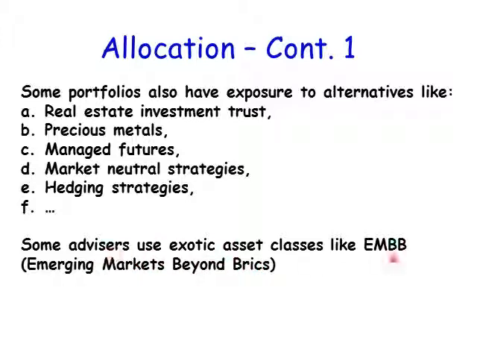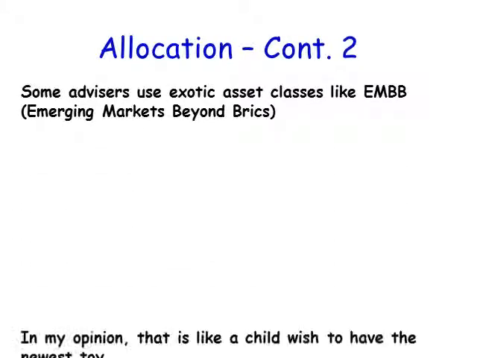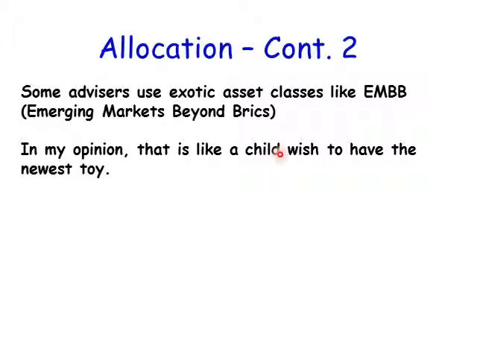This is the newest ETF that shows up, and the advisor wishes to incorporate that. In my opinion, that's like a child wishing to have the latest toy. A newest toy shows up, a newest ETF shows up, and kids want the newest toy, and so some advisors love to have that in the portfolio. That's my opinion.